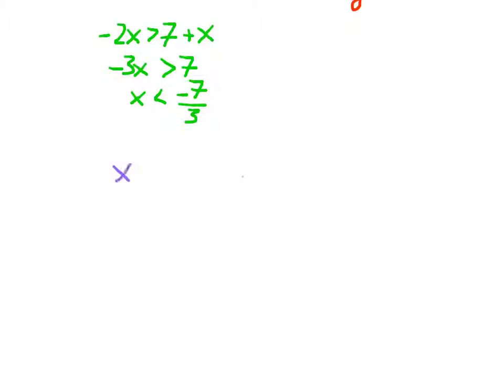Let's say we have x squared is less than 4, and we want to solve this inequality for x. Well, remember, I can take the square root of both sides, but when I take the square root of a variable squared, the proper convention is to use the absolute value of x, not just x, because we don't know whether x is positive or negative. It could be either a positive or negative answer.